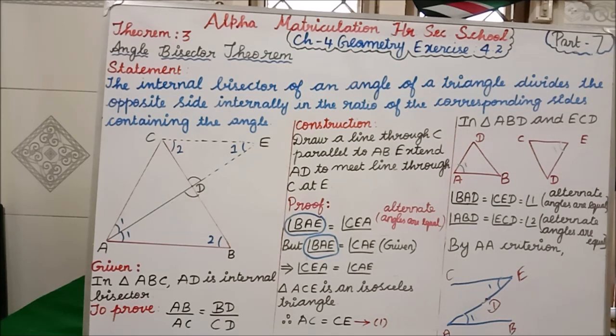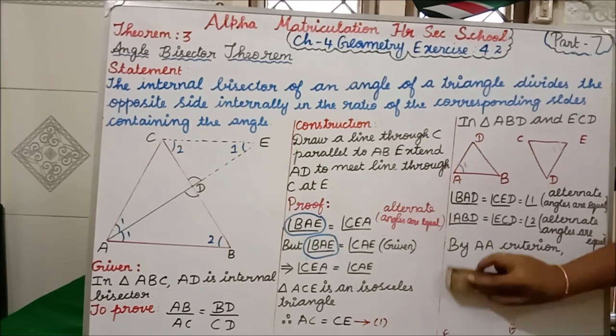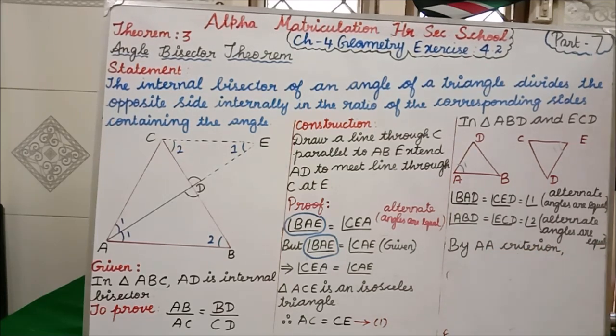Next I am writing angle ABD is equal to ECD, equal to angle 2. Now I will draw that separately. See here.